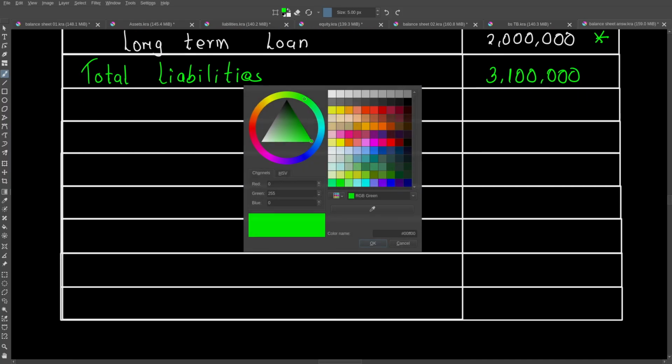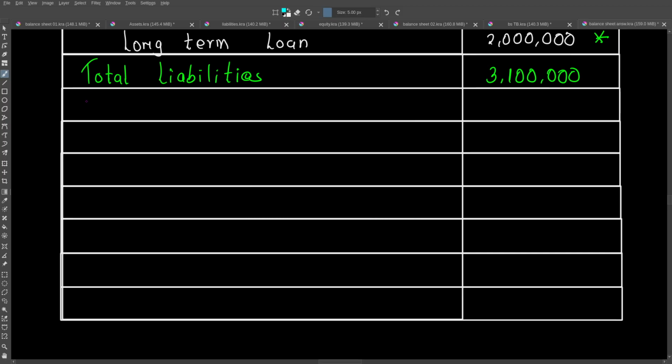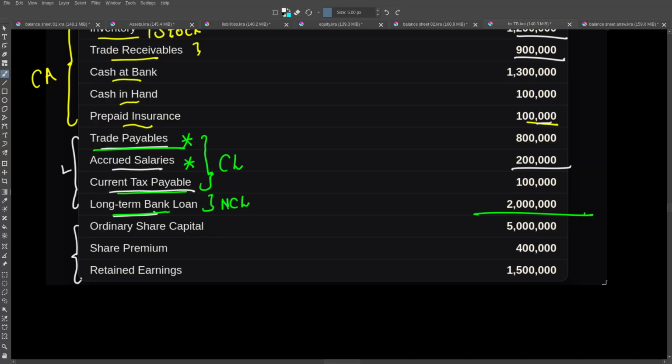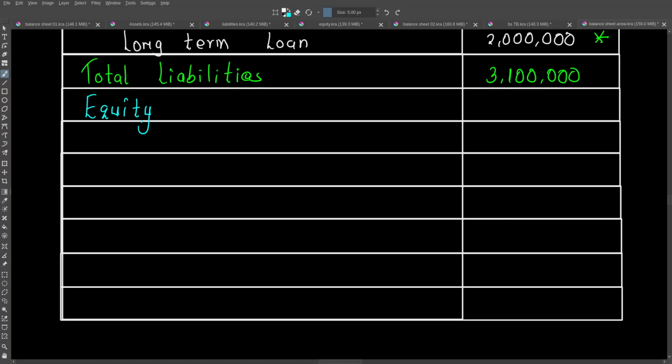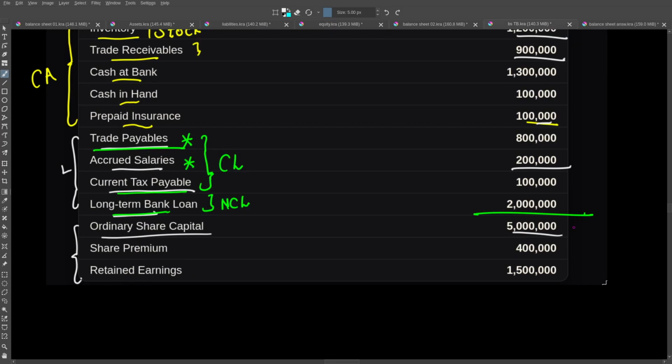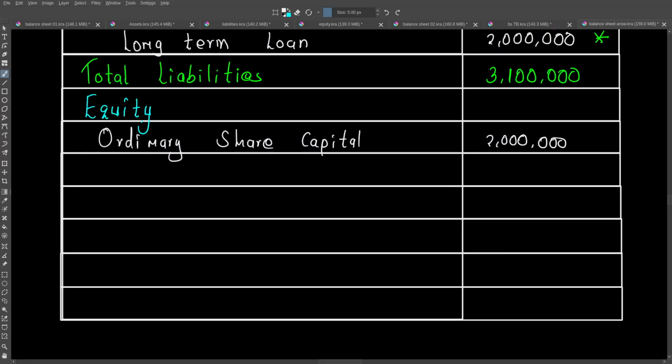Now let us look at equity. Which components of equity do we have? As at 31st December 2025, we have ordinary share capital of 5 million. Sorry, 5 million, not 2 million.